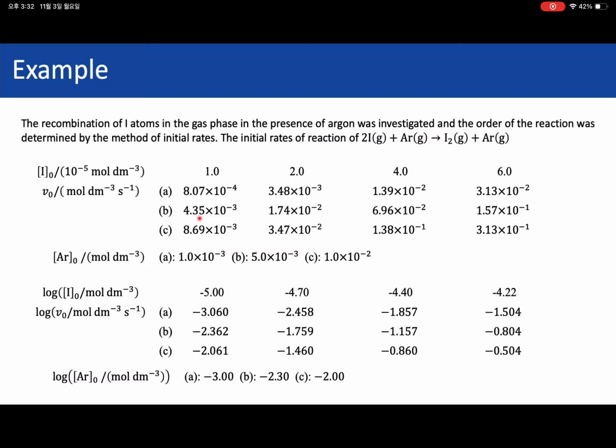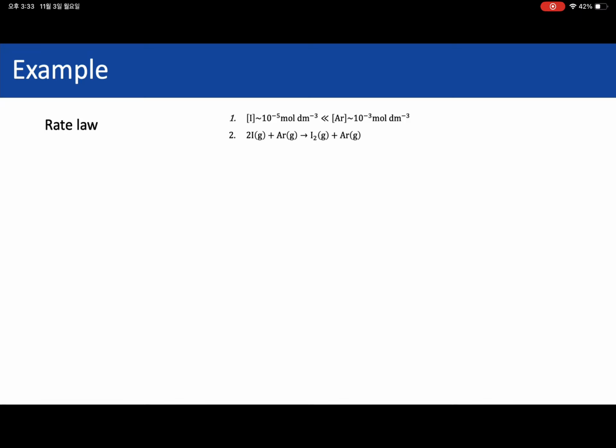Using these 12 experimental data points, we can estimate the reaction order and the rate constant. This bottom is the same data, but we just take the logarithm of the actual data. So we are going to use this logarithm data. First, let's determine the rate law.